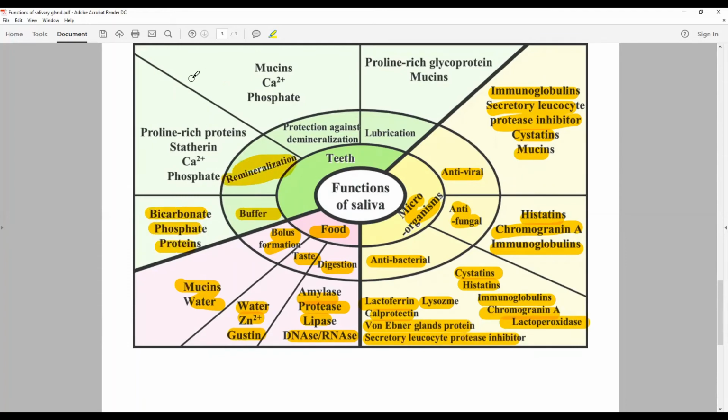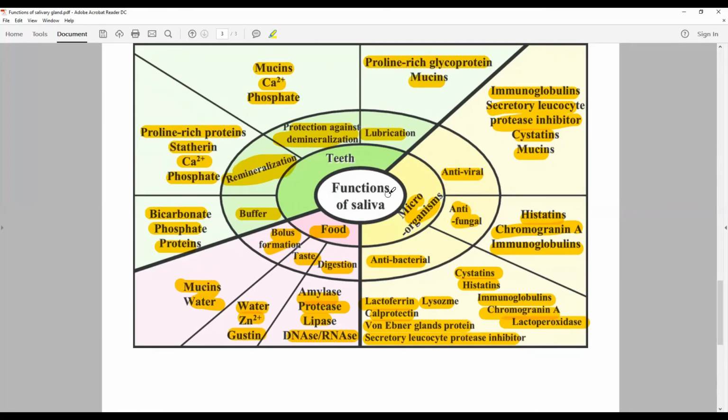Remineralization of enamel is carried out by proline-rich proteins, statherins, calcium, and phosphate ions secreted in saliva. Protection against demineralization is via the mucin layer, calcium ions, and phosphate ions. Lubrication is by proline-rich glycoproteins and mucin in the presence of water.